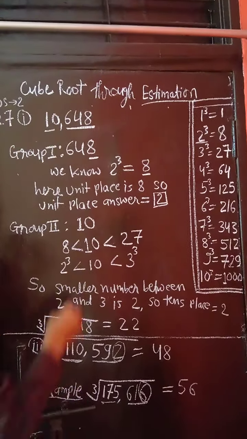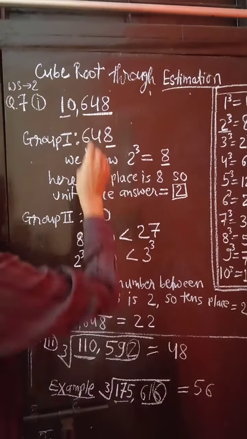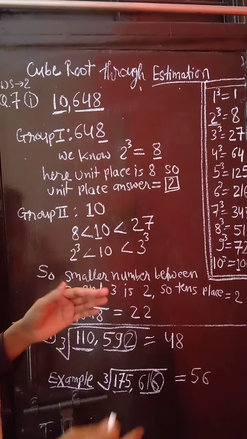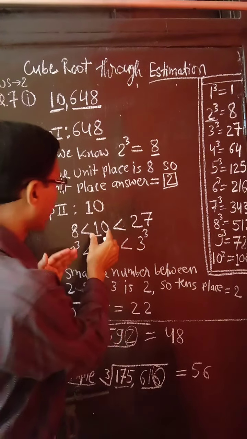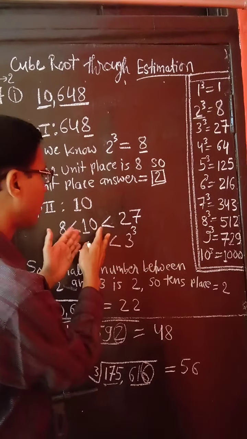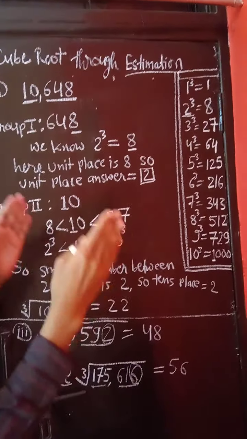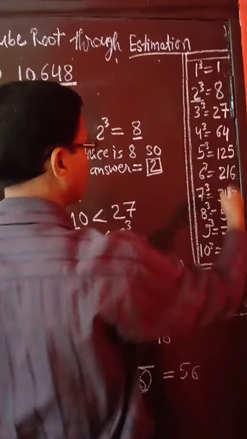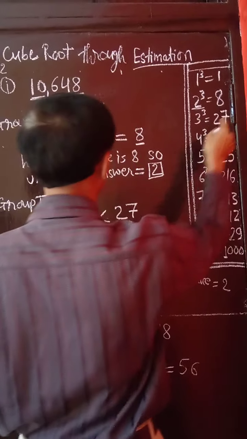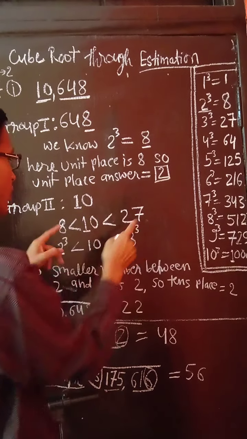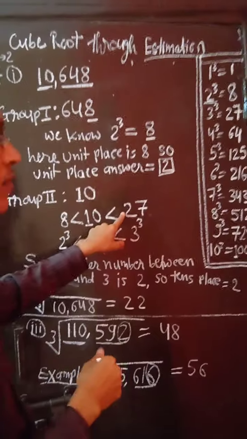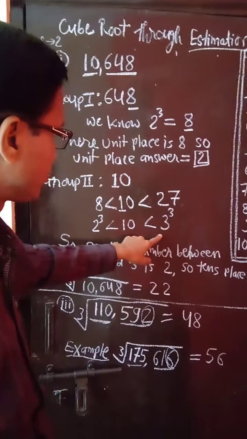Now you see the second group. This is 648, and this is 10. The second group is 10. We will fit this second group between two cube numbers. Means 10 is between which two cube numbers? So these are the cube numbers. We can see 10 is between 8 and 27. So we write 8 and 27, and 8 is the cube of 2 and 27 is the cube of 3.